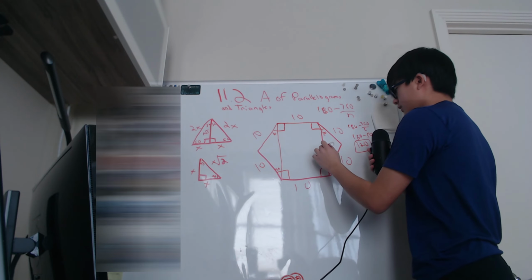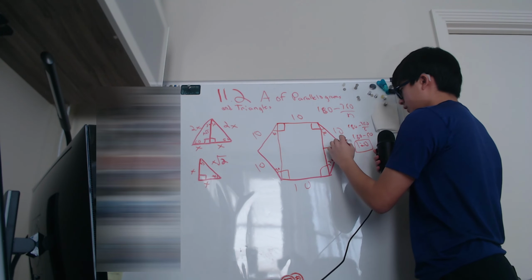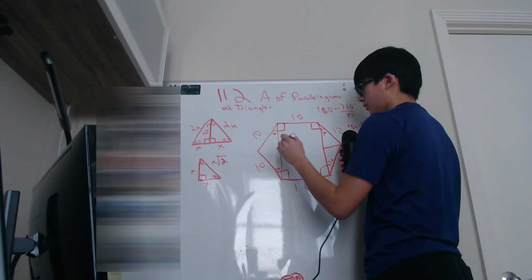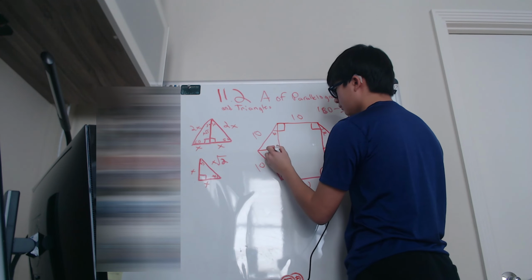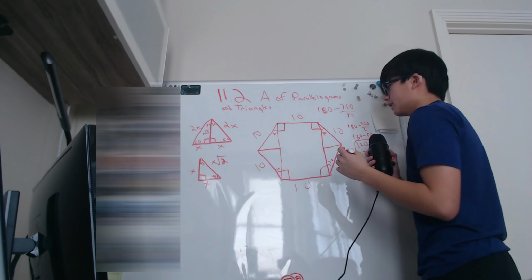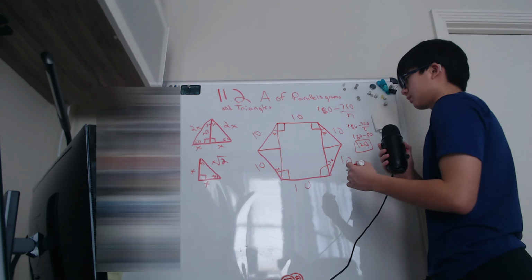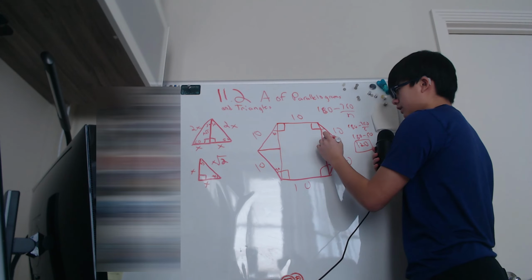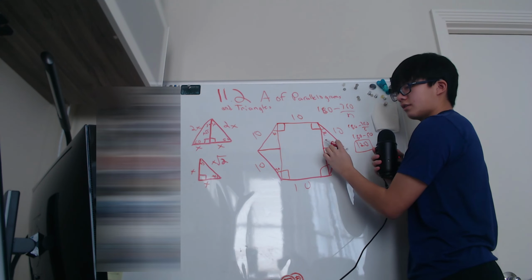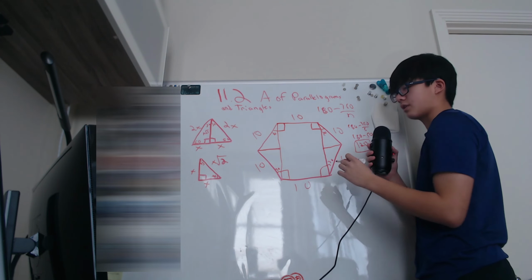So what I'm going to do is split this triangle by its altitude. Because this is an isosceles triangle, I know the altitude will also be the median. So I know that all these sides, this one, this one, this one, and this one, are all congruent.